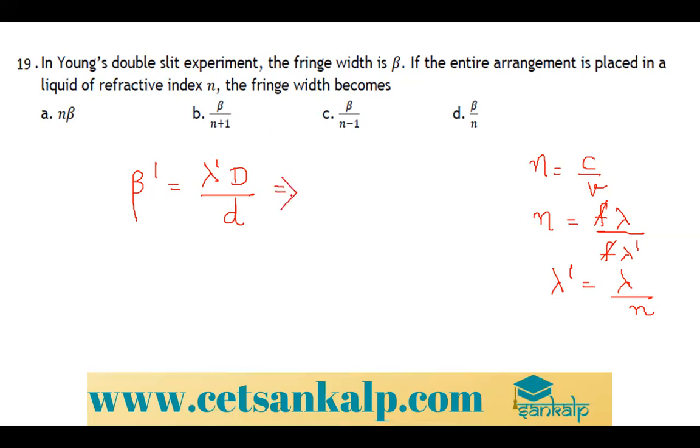So I can write this as lambda D divided by n into d. But lambda D by d is nothing but beta, right? So beta dash is equal to beta divided by n. Option D. I hope you are clear with this. Right. So that is about your interference.